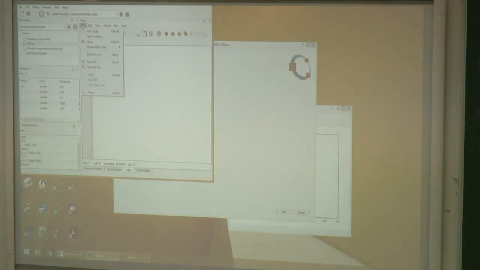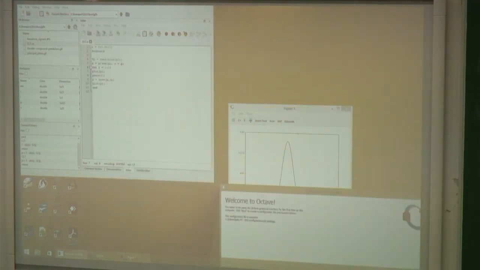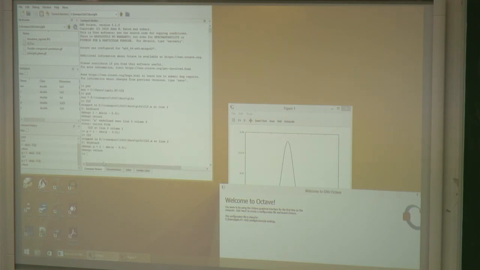Okay. Save file, good. Okay. Command window, yeah, okay.